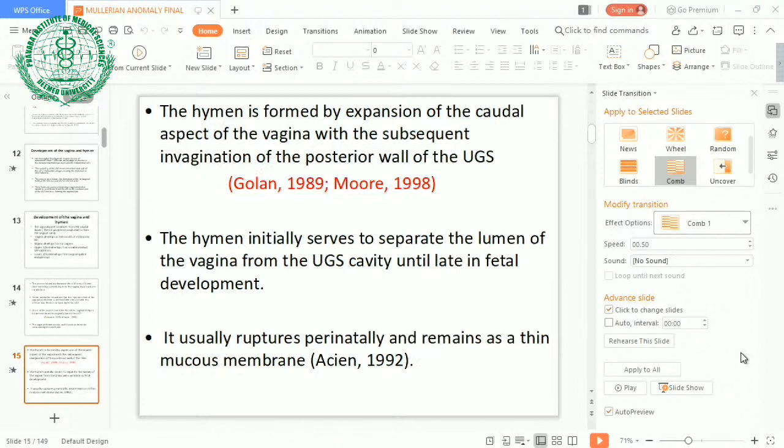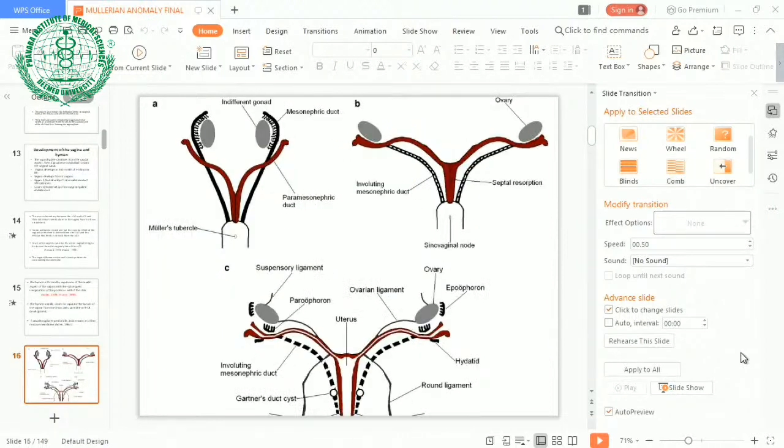The hymen is formed by expansion of the caudal aspect of vagina with the subsequent invagination of the posterior wall of urogenital sinus. The hymen initially serves to separate the lumen of the vagina from urogenital sinus cavity until late in fetal development. It usually ruptures perinatally and remains as a thin mucous membrane.